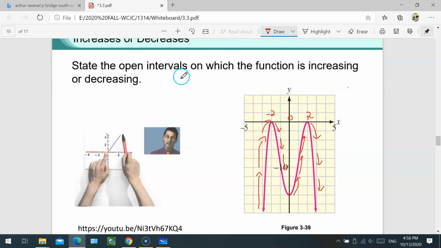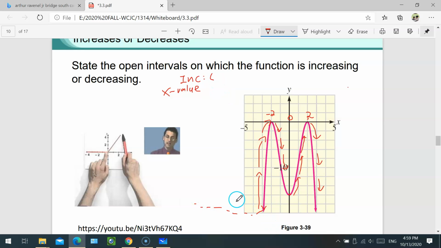So your increasing interval of this function starts at negative infinity, right? For the increasing interval, we are looking for the x value. Since the end of the curve on the left-hand side gives us an arrow, that means it will just keep going to negative infinity.